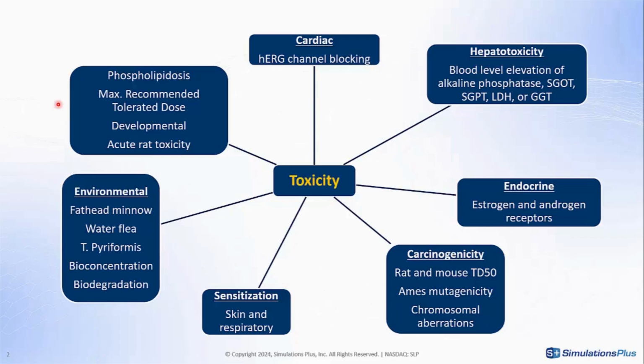So we have a particular cutoff. If the compound is predicted to have a recommended tolerated dose below that value, then it could cause toxicity. And then we have developmental and acute rat toxicity models also.